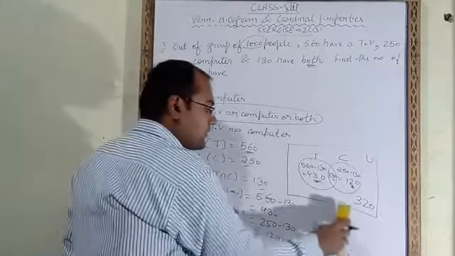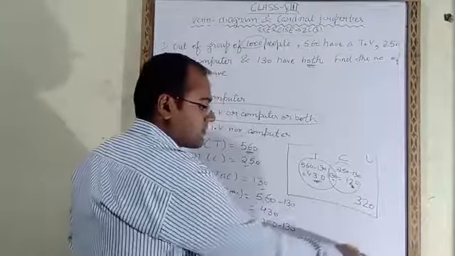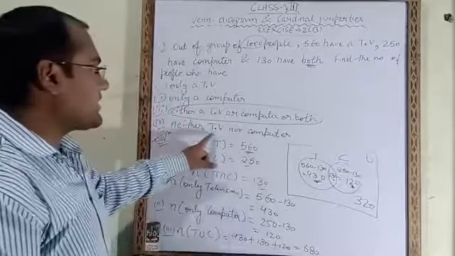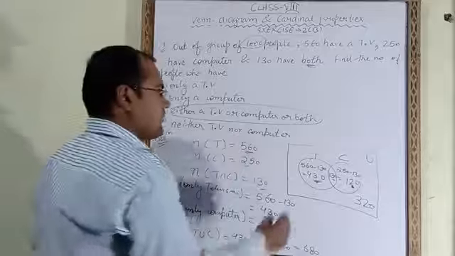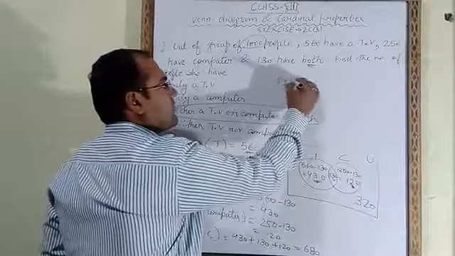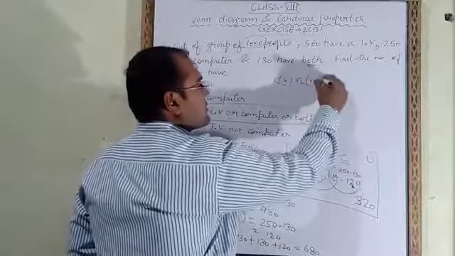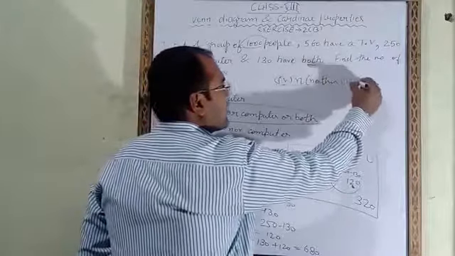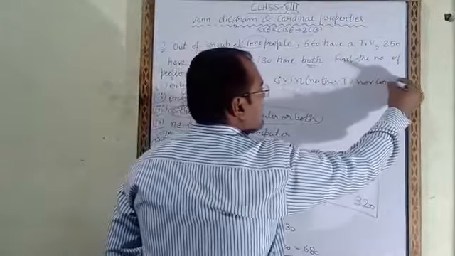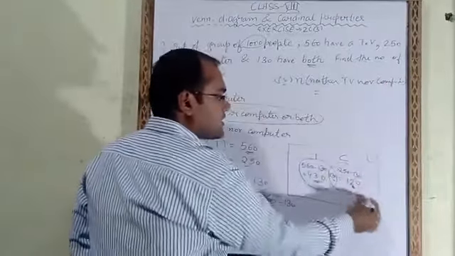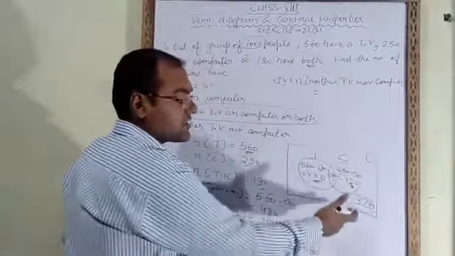Now the fourth part is neither television nor computer. In the fourth part we have to write the number of people who are having neither TV nor computer. So these are 320 people. How will we get this 320?